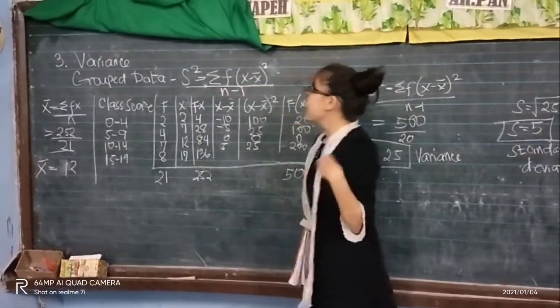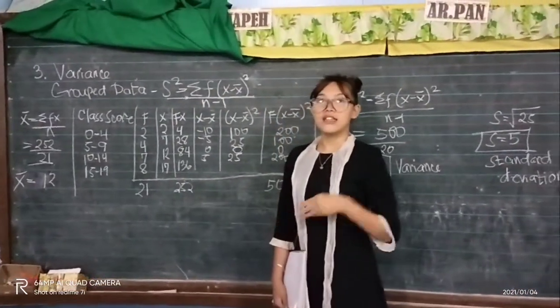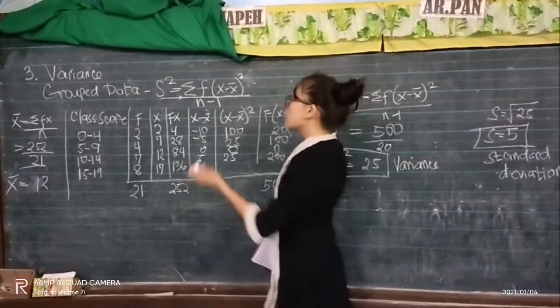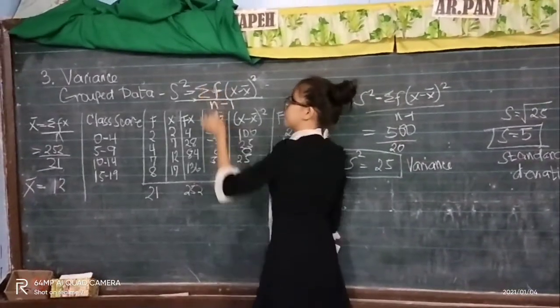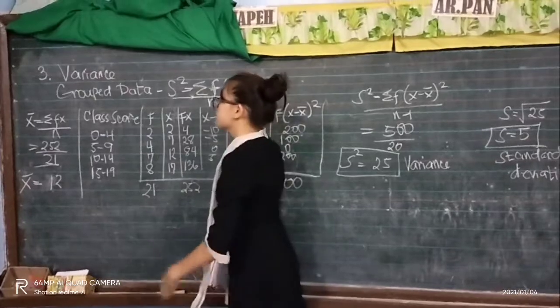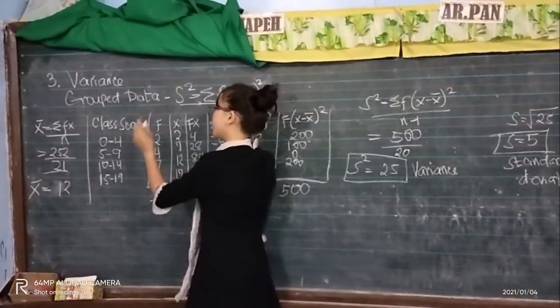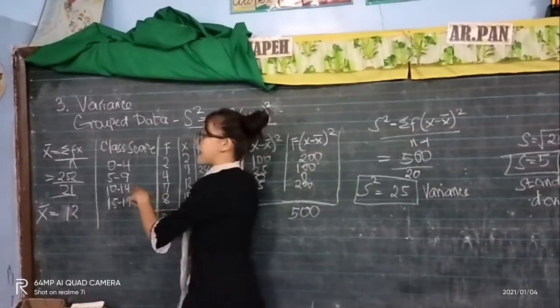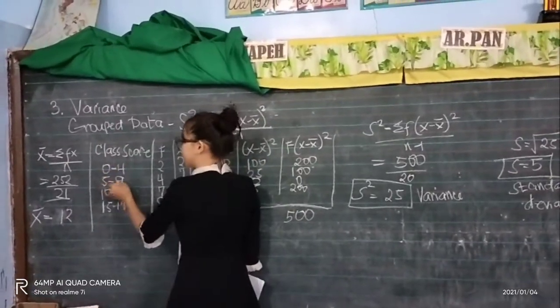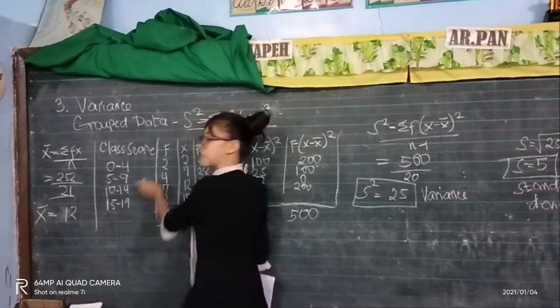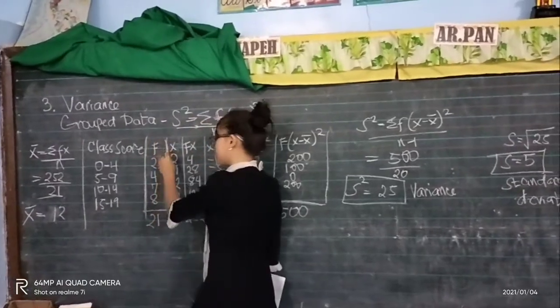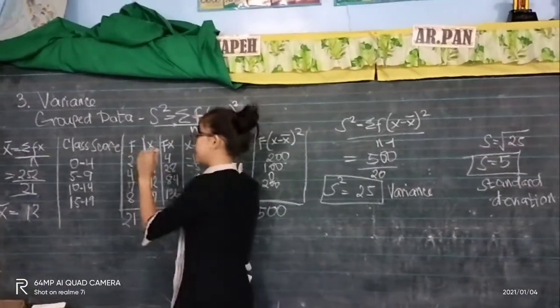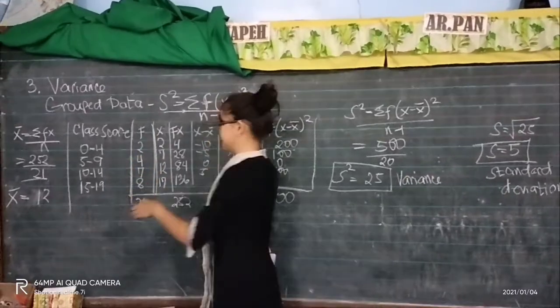The difference for grouped data is that we have frequency. For example, the classes are 0 to 4, 5 to 9, 10 to 14, 15 to 19, and the frequencies are 2, 4, 7, 8.